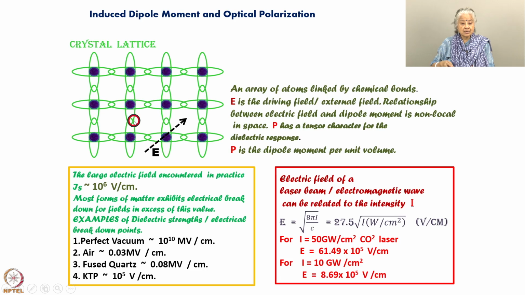So, E is what is inducing this polarization, the driving force. It will not happen if the crystal lattice is just sitting there; nothing will happen. There has to be a driving field. I will call E the driving field, which is an external field. In our case, the external field comes from a ray of laser light, and the relationship between the electric field and the dipole moment is non-local in space.